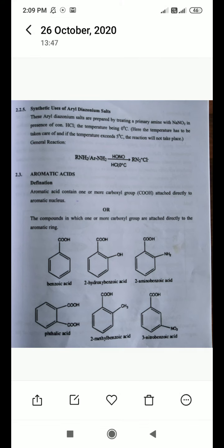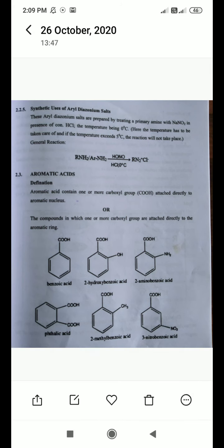Two carboxylic groups are attached at position 2 or 3, so it is called phthalic acid, where two carboxylic acid functional groups are attached to the benzene ring. Next is 2-methyl benzoic acid. Here at position number 2 a methyl group is attached, so it becomes 2-methyl benzoic acid. Next is 3-nitrobenzoic acid, where at position number 3 a nitro group is attached.